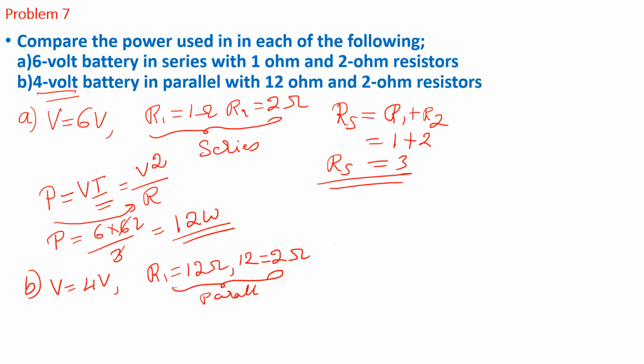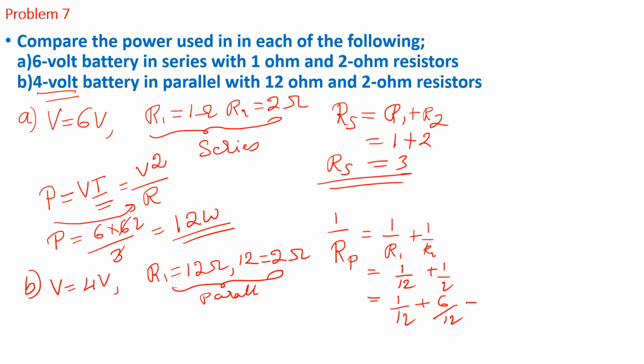So effective resistance in parallel, that is 1 by Rp is equal to 1 by R1 plus 1 by R2, which is equal to 1 by 12 plus 1 by 2. 1 by 12 stays as it is, and 1 by 2 can be written as 6 by 12.